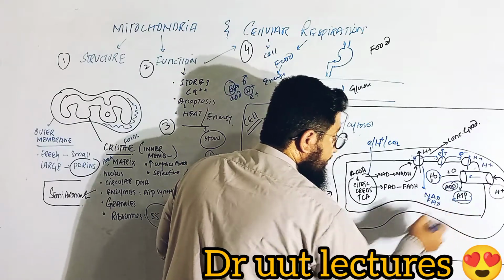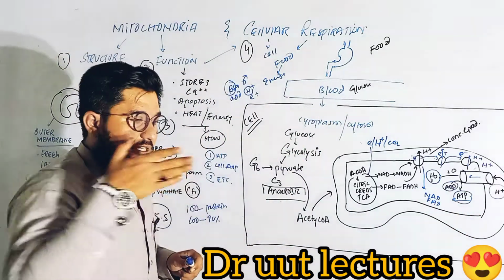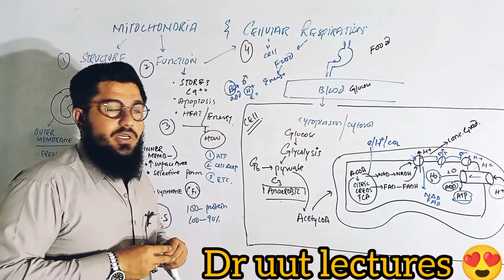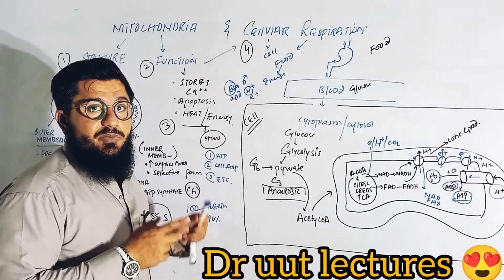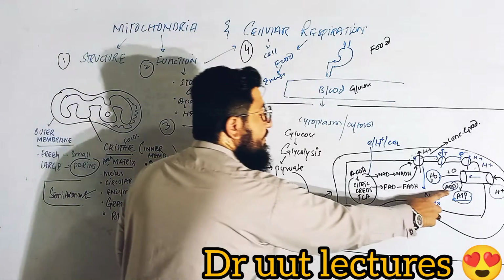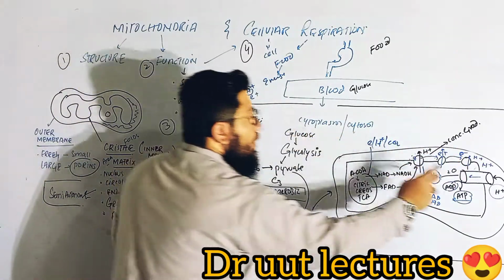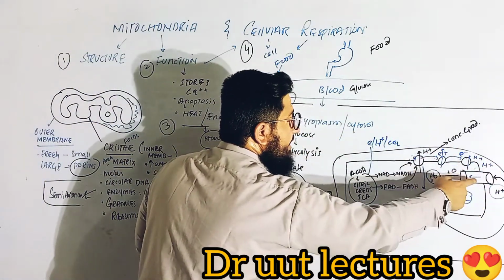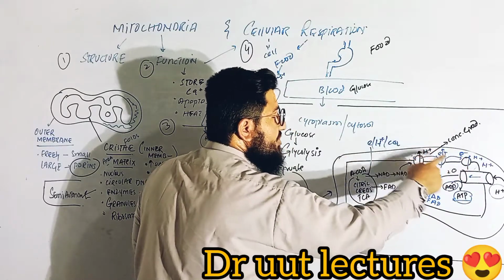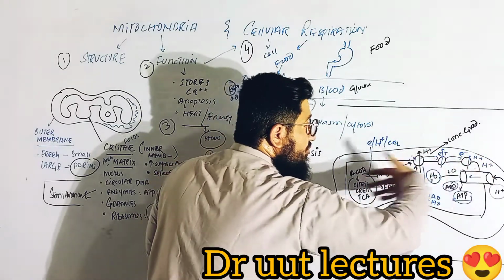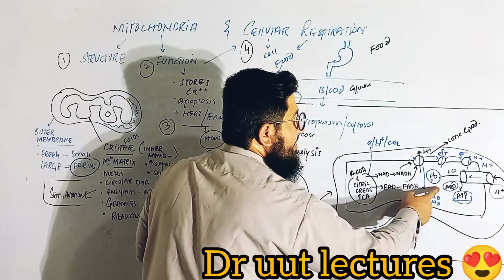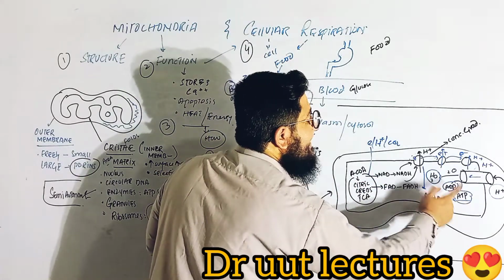So ATP is produced because of this strong movement of the hydrogen into the matrix. Simple point: as the hydrogen is moving in, it is supposed to combine with oxygen, and in the meanwhile this movement is responsible to synthesize or convert ADP into ATP.